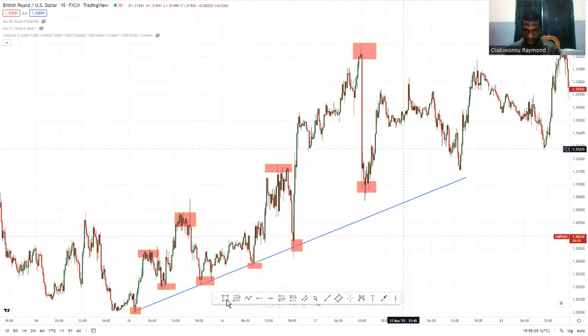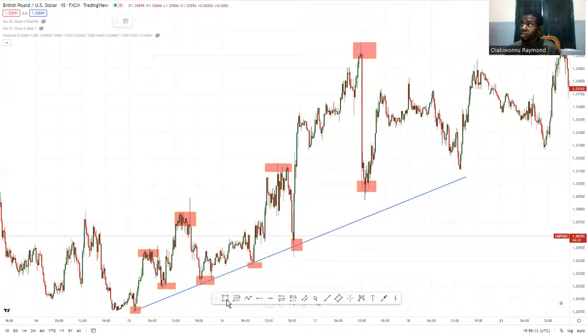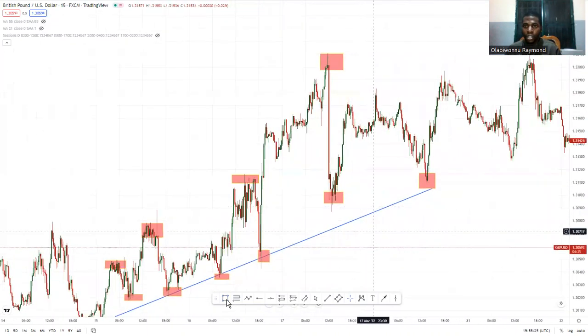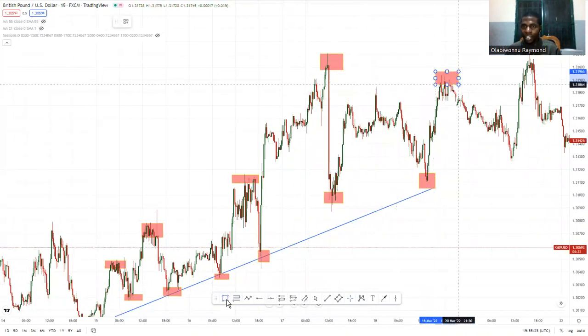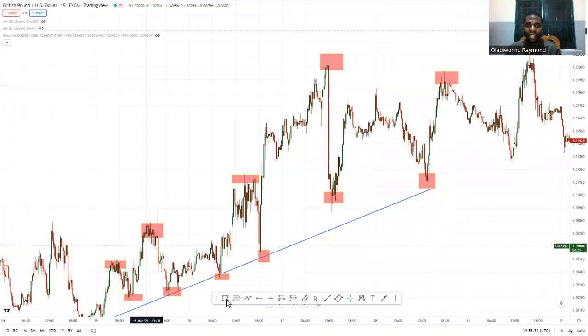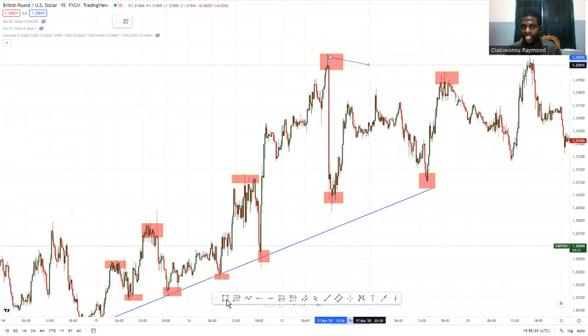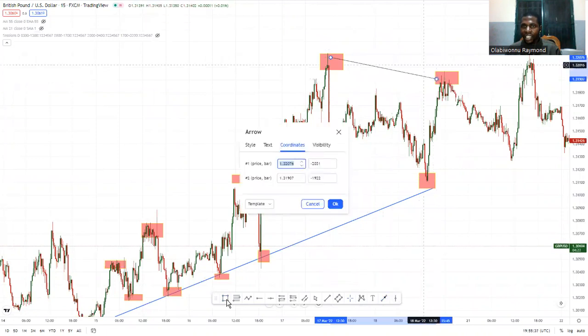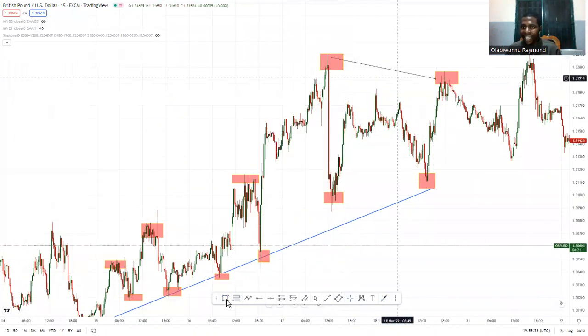So this is our what? Our higher low. This is our what? See what's happening here. This is our lower high, because this high is higher than this high.